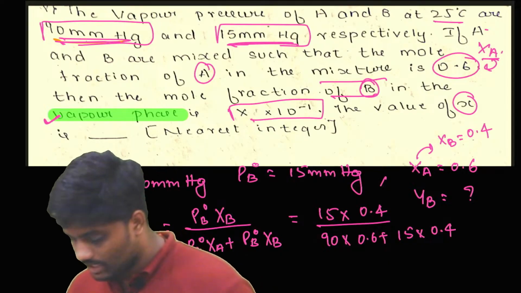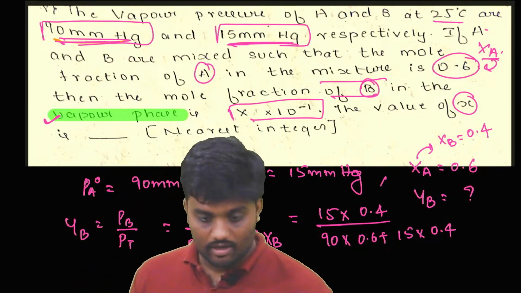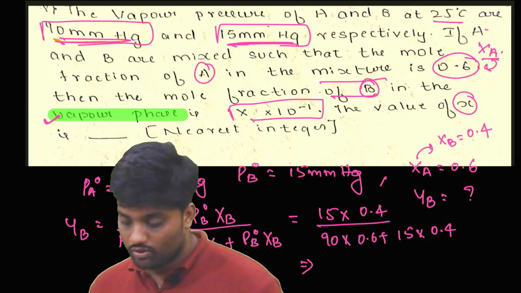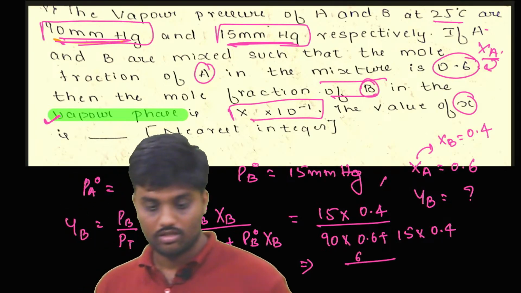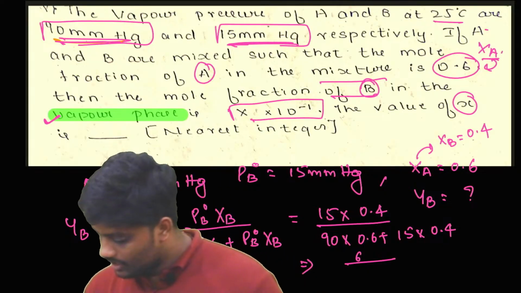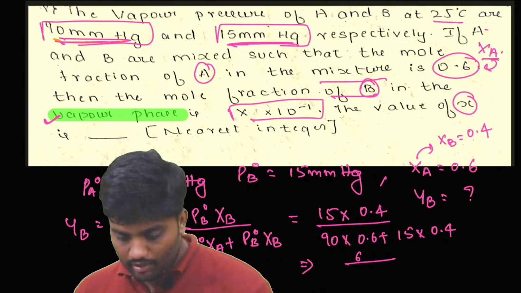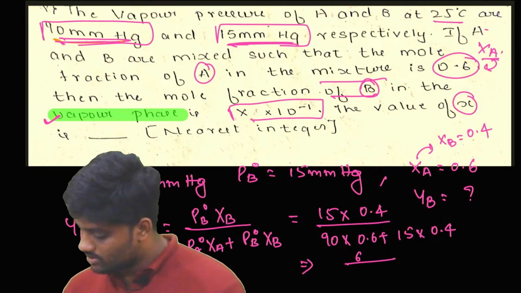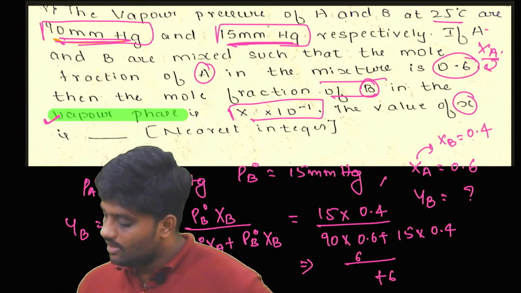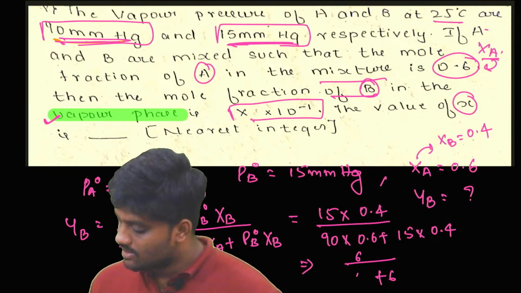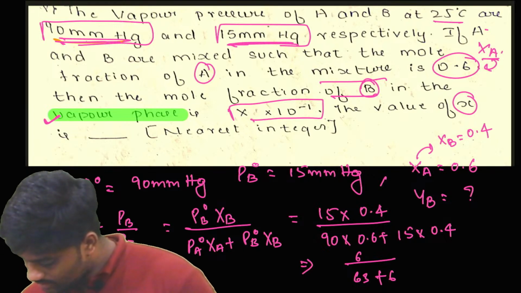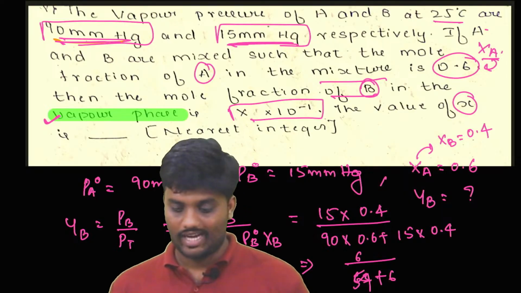Calculate this. Can you see it there? Okay, there is space. That comes out to be 15 into 0.4, which equals 6, upon 90 into 0.6 plus 15 into 0.4. 90 into 0.6 is 54, I am checking your skill.